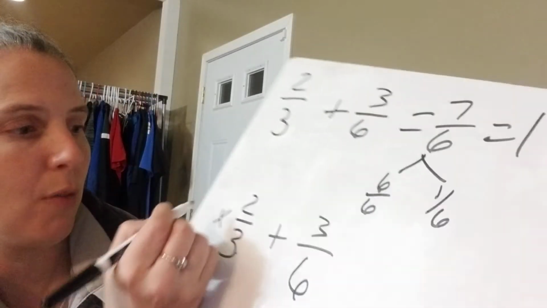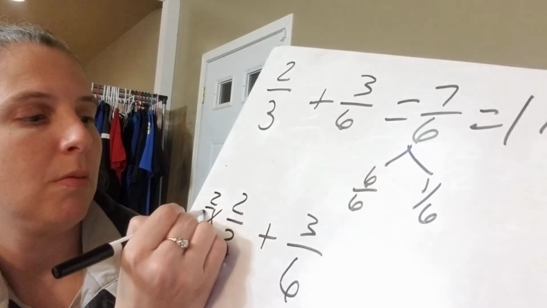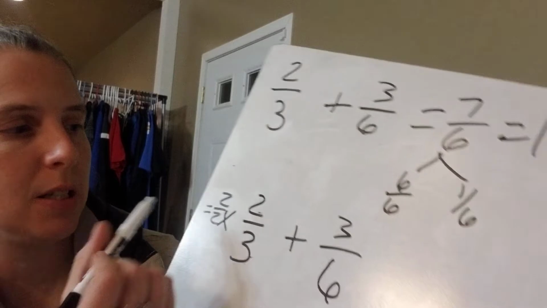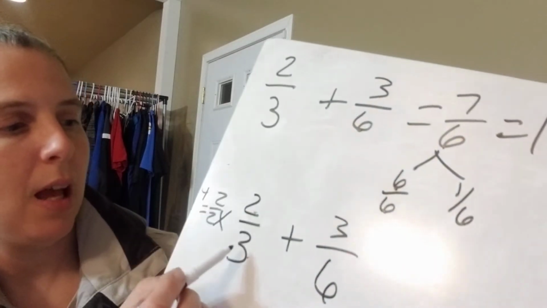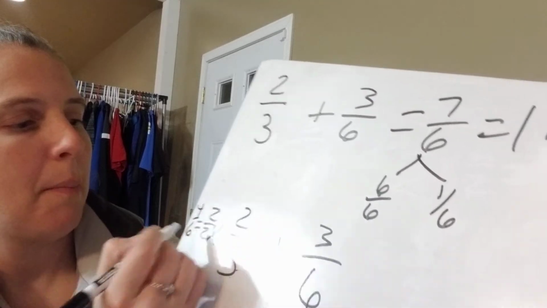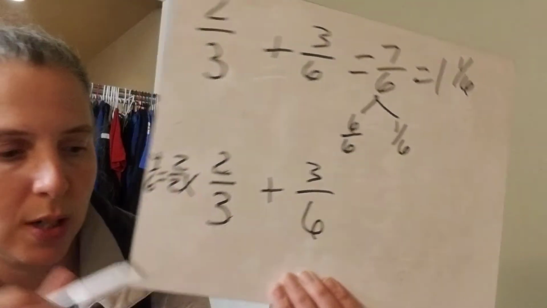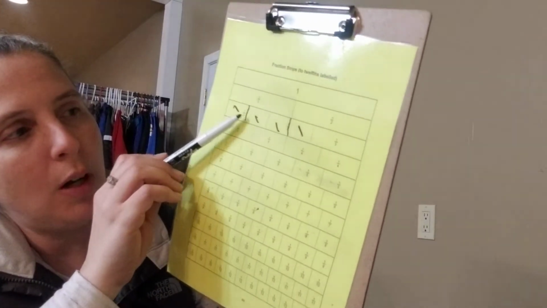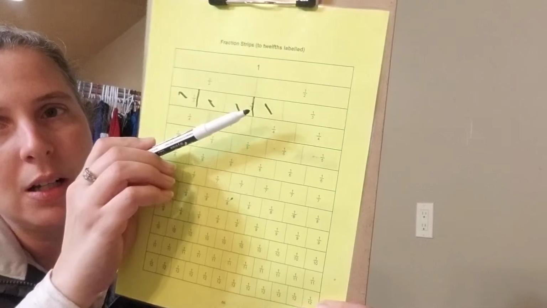So I'm writing it over here. Okay? I'm going backwards. 2 times 2 is 4. And 3 times 2 is 6. My new fraction is 4 6. And you saw that on here because we split them apart. My 2/3 equaled 1, 2, 3, 4, 6.